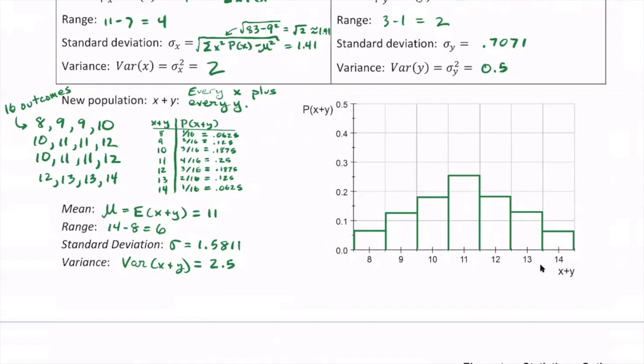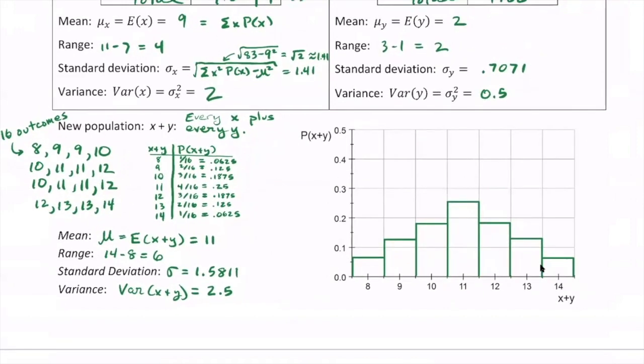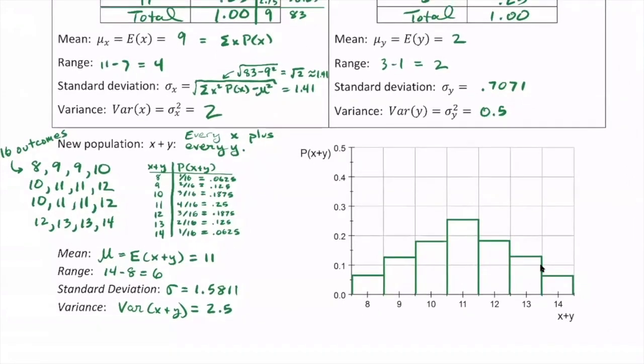All right, I want you to see, can anybody see how the variance is for x plus y? Well, I guess we should start with the mean. So look at the mean for x and the mean for y and see how that's related to the mean for x plus y. How are they related? Anybody?